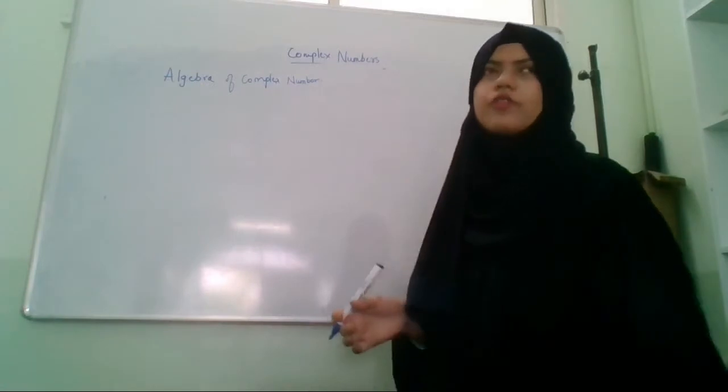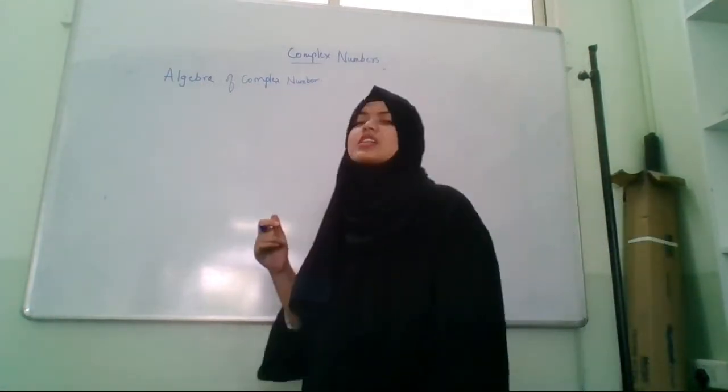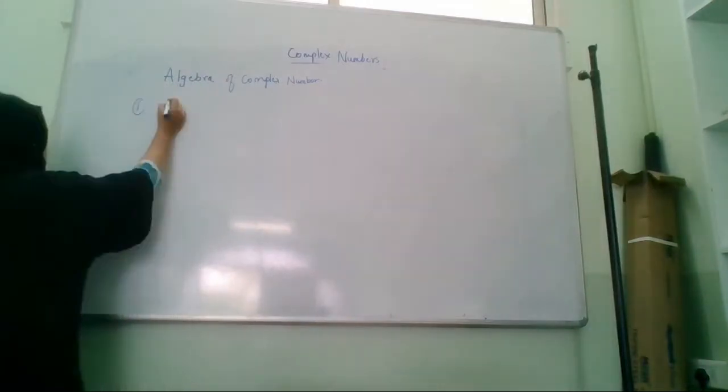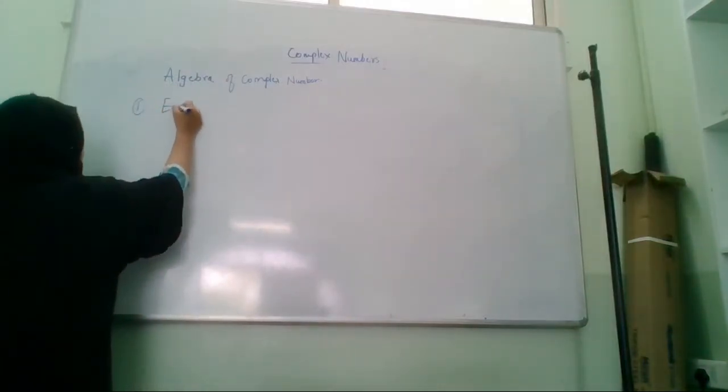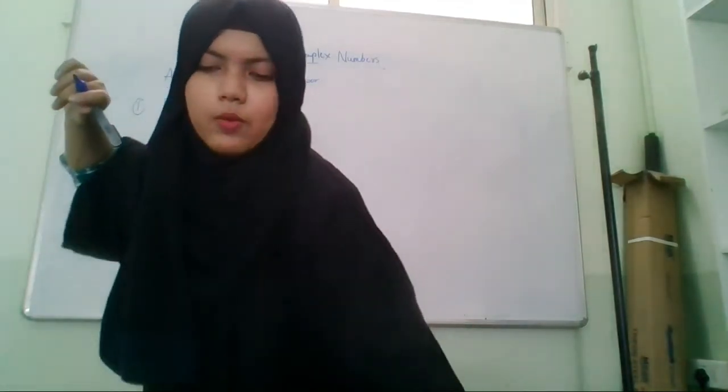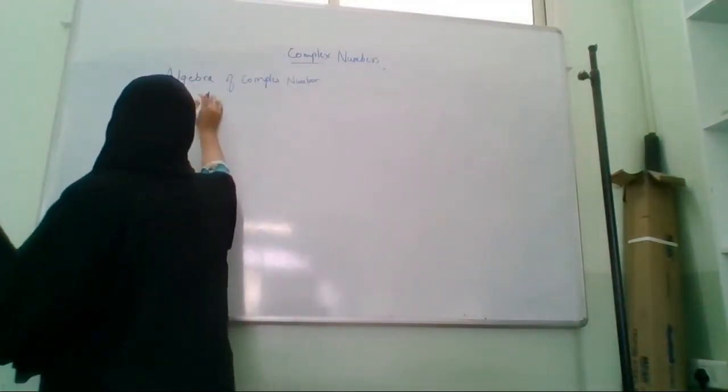So we have the four algebra operations. First we will see the equality of complex numbers.